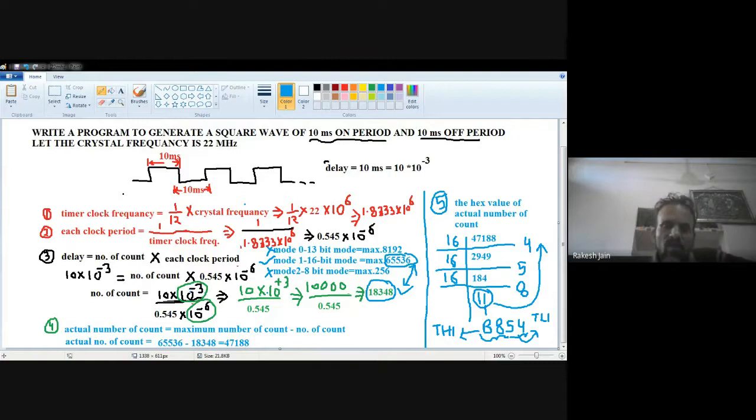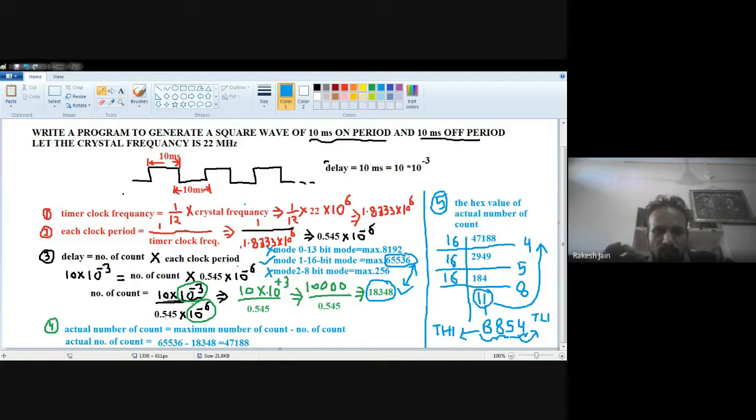Remember, whenever you see or want to design a microcontroller program in which a specific delay time is mentioned, the first step is you have to do these calculations. So first step is complete these 5 steps.